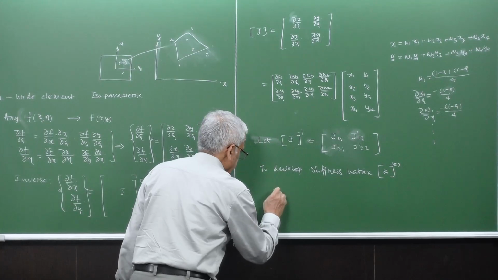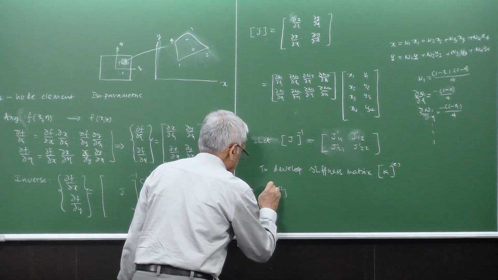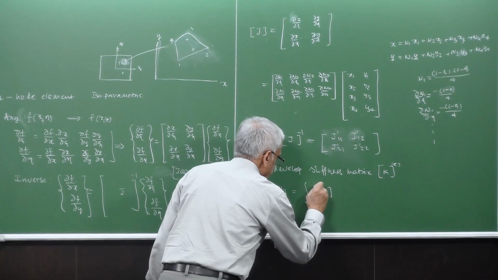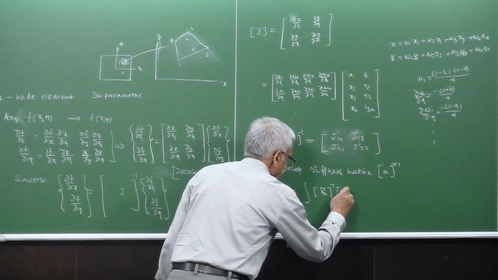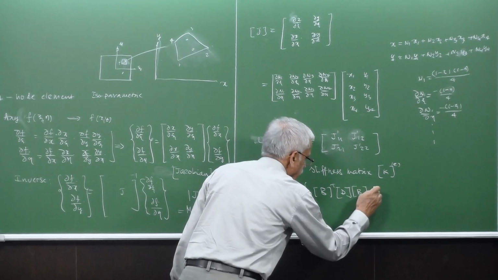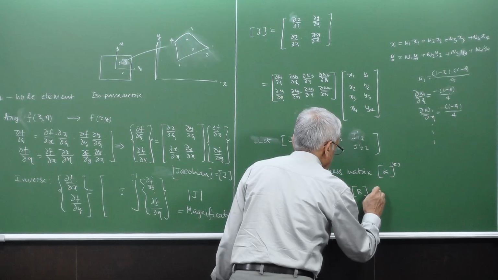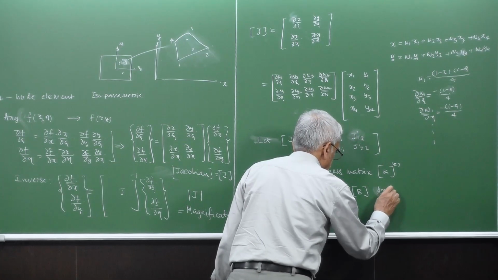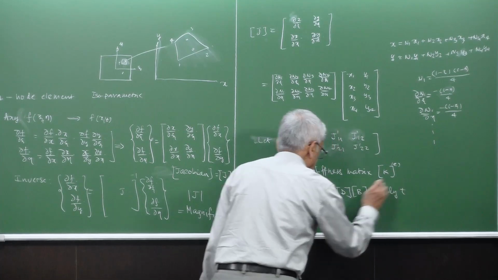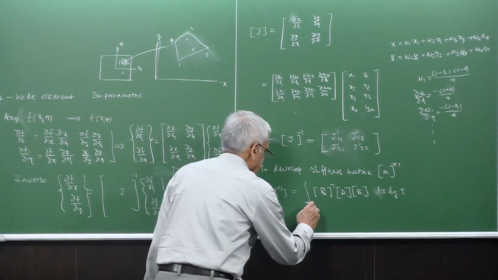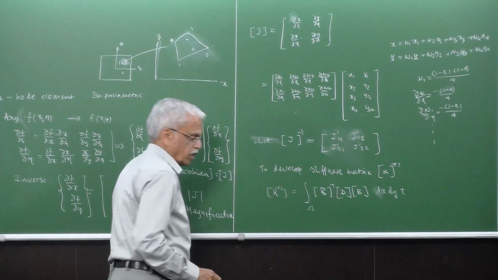We know that K of the element is given as integral of B transpose D B, and this is for the element.